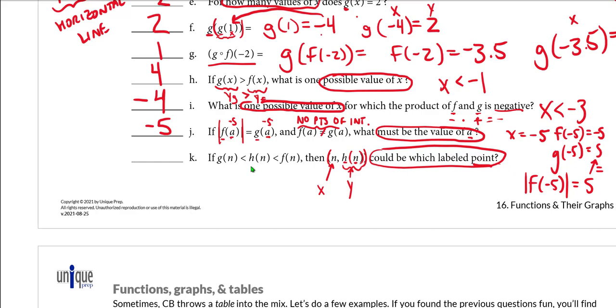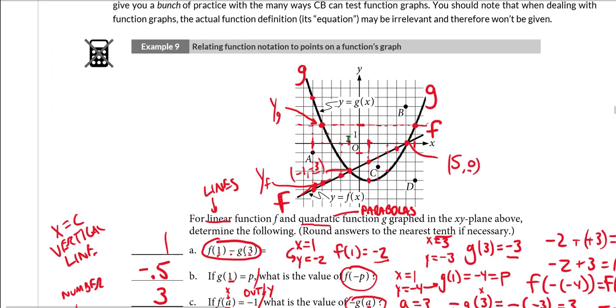So we need a point where the y value is between the y value of the g function and the y value on the f function, which means that the f function has to be above the g function. So let's look at the intervals, or the sections of this graph here. Here the g function is above the f function, so you know what, I'm going to do this in a different color so it's easier to see.